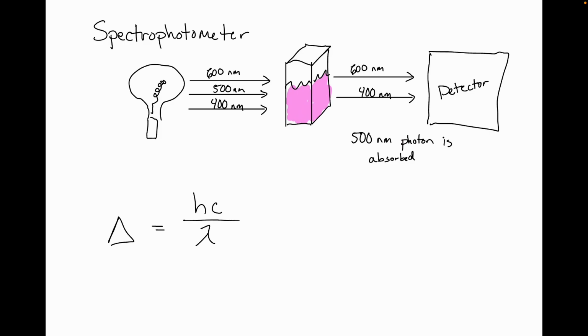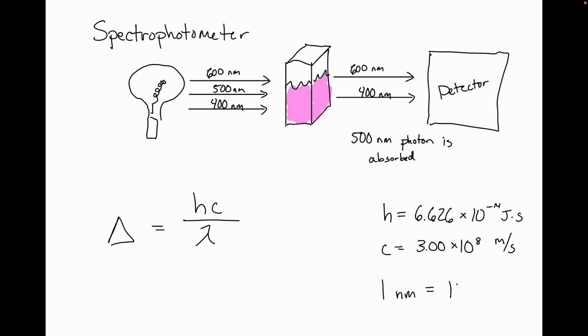All right, so these are all values that are also given on your constants page. h is a super tiny number, times 10 to the negative 34 joules per second. c is 3.00 times 10 to the 8 meters per second. All right, and then since our wavelength is in nanometers, we're going to have to use the fact that 1 nanometer is 10 to the negative 9 meters.